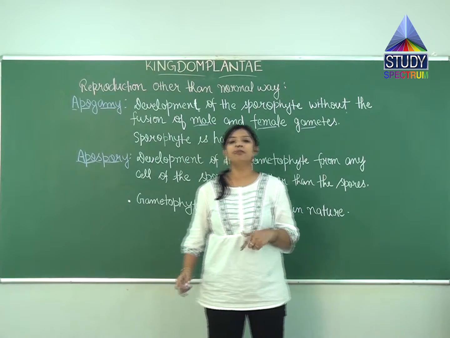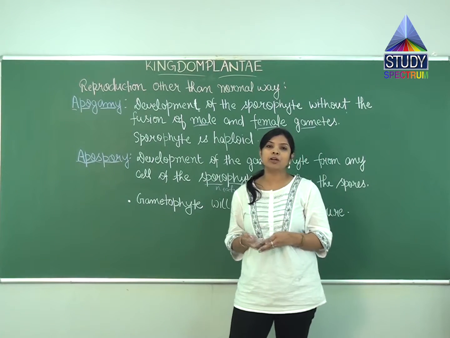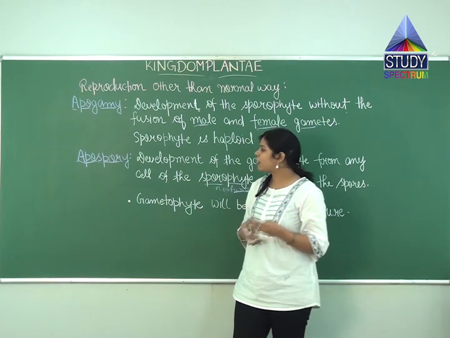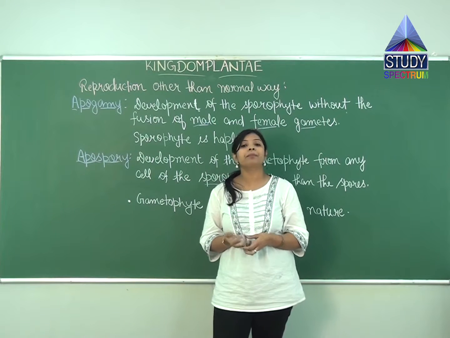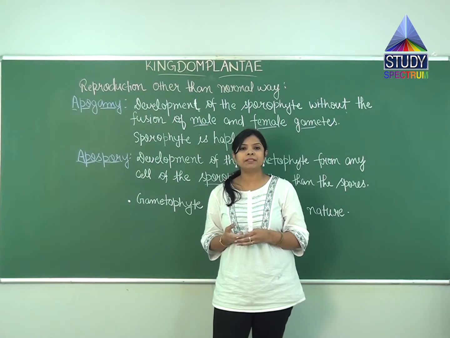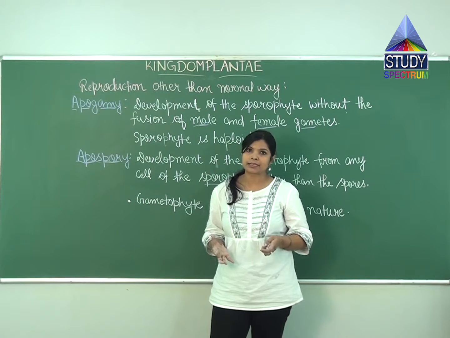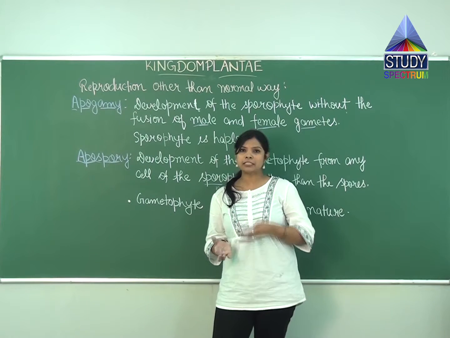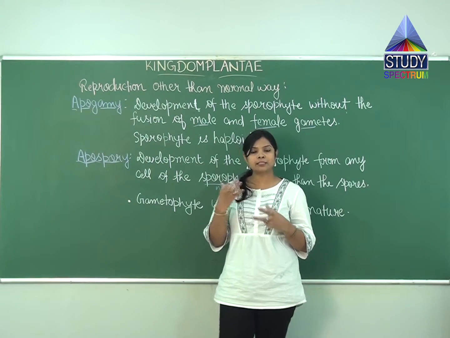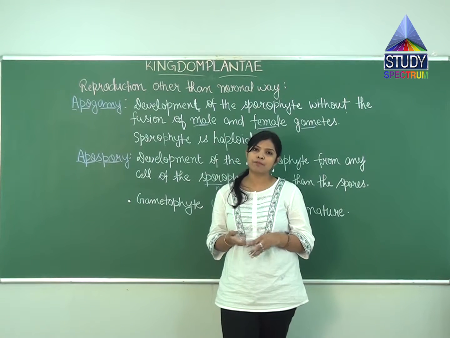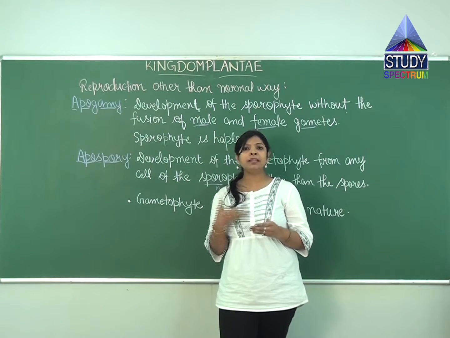Earlier, if you recall, the gametophyte was multicellular but haploid in nature. So what happens in apospory? In many higher cryptogams, there is production of a prothallus. How is the prothallus formed? Directly from the sporangium, without the ordinary intervention of spores, from the leaf itself.